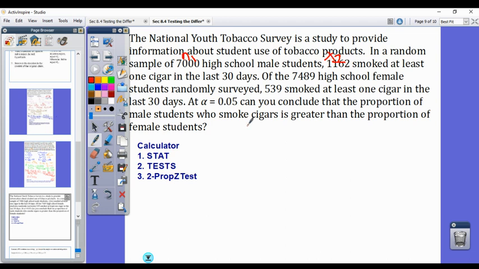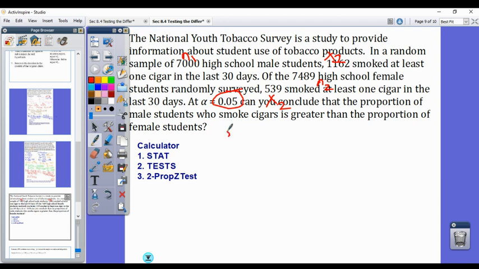We have 7,489 female students, so that's N2. 539 of them smoked, so that's X2. Our alpha level is 0.05. So we're trying to figure out if the proportion of male students smoking is greater than the proportion of female students.